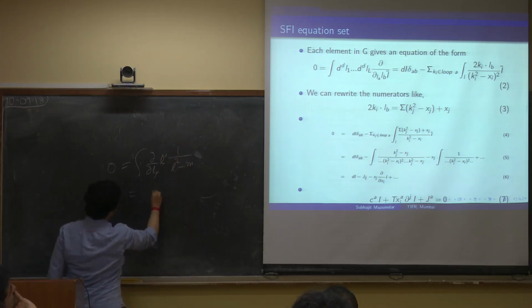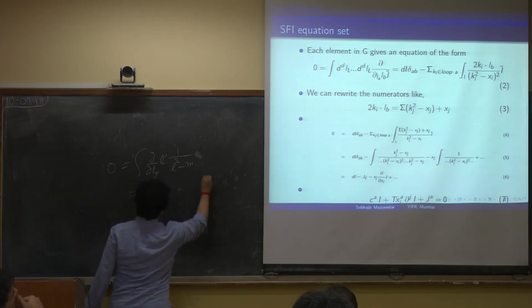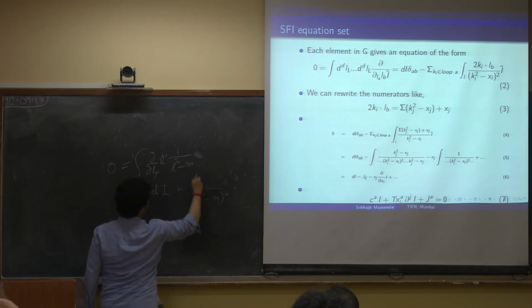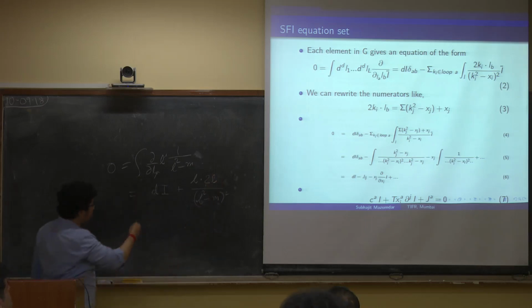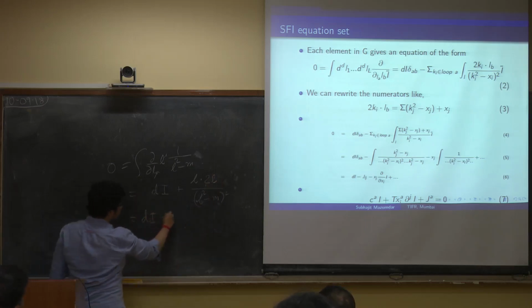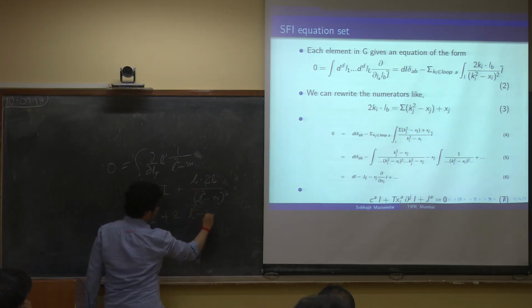Okay. So now what I will write, this 2 L square I will take 2 common, and I will write like this.